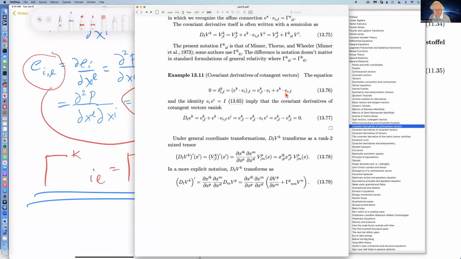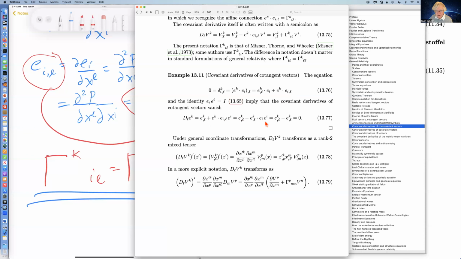And so if we take the covariant derivative of the kth cotangent vector, what we get is its derivative and then this Christoffel symbol. But on the other hand, this Christoffel symbol, if we use this expression, we can rewrite it like this.